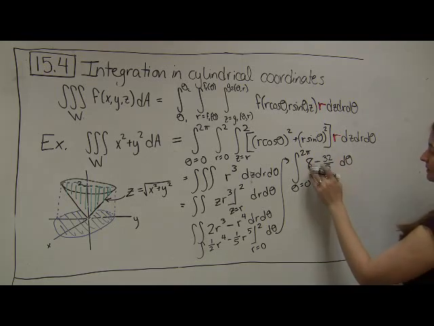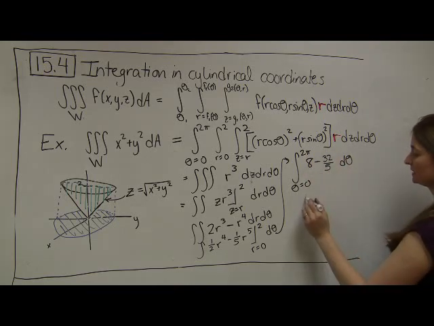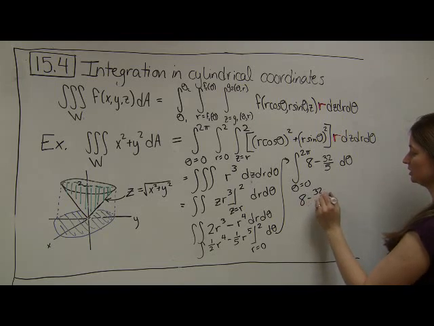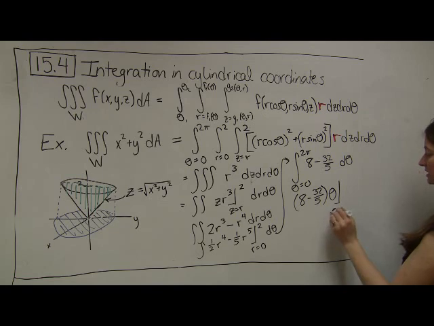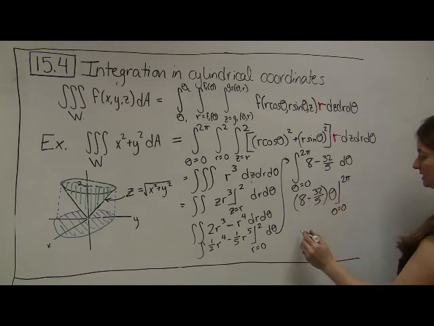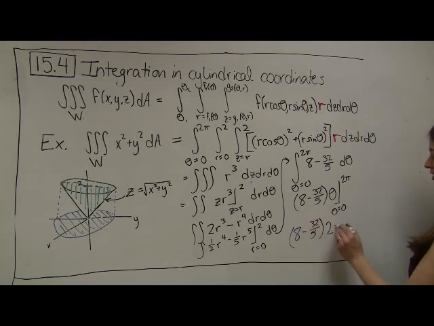So this is just one big constant. Integrating with respect to theta, I get 8 minus 32 fifths times theta, evaluated as theta goes from 0 to 2 pi. When theta equals 0, this whole thing is 0. So I get 2 pi times this stuff, 8 minus 32 fifths times 2 pi.